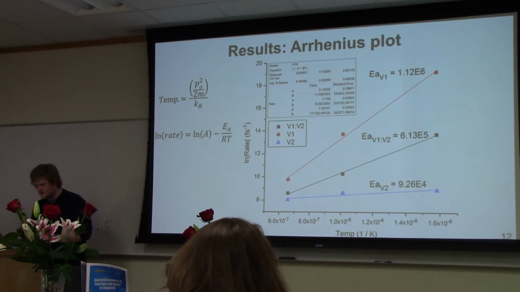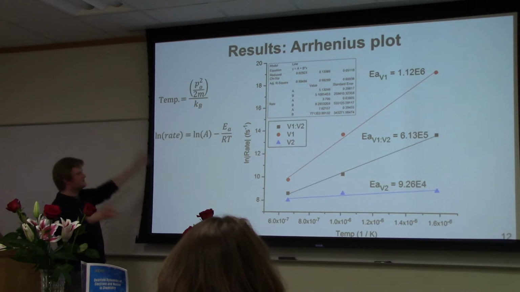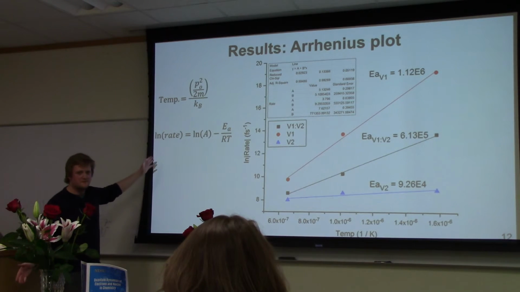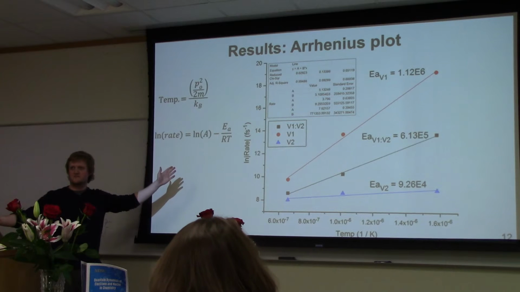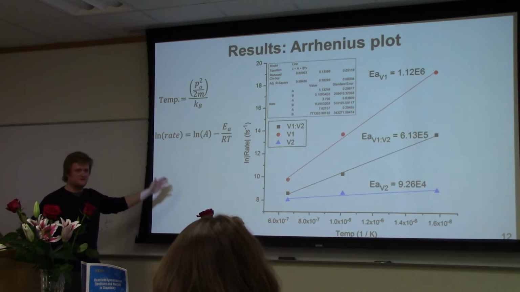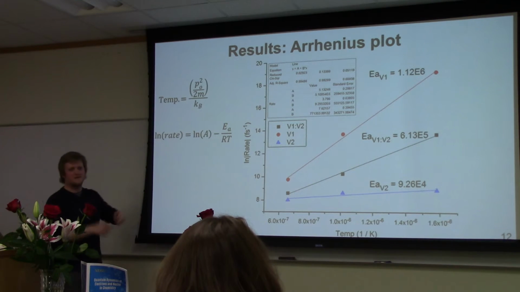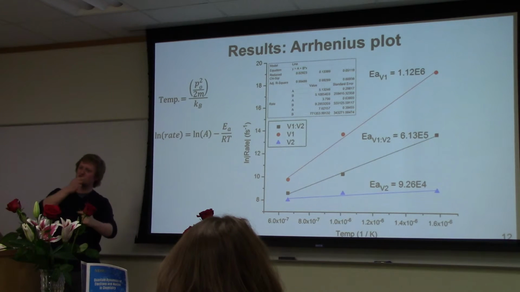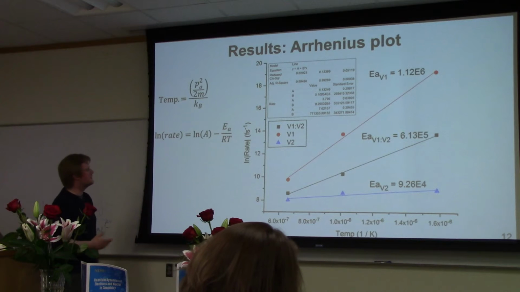What about the activation energies? Right off the bat, this should scream to you that something's wrong. I have positive slopes for my Arrhenius plots. That does not make sense. Well, it's because I had negative rates and an inverse correlation between momentum and the rate itself.